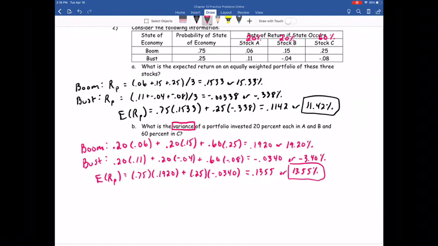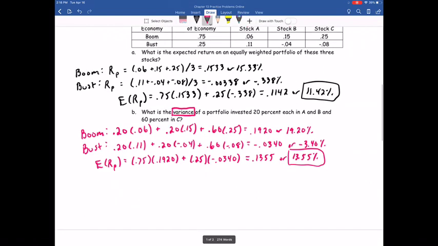To find the variance, we find the squared deviations from the expected return that we just calculated, multiply each squared deviation by its probability, and then add all of these up. So to calculate the variance, sigma squared, of the portfolio, there is a 75% chance of a boom economy.